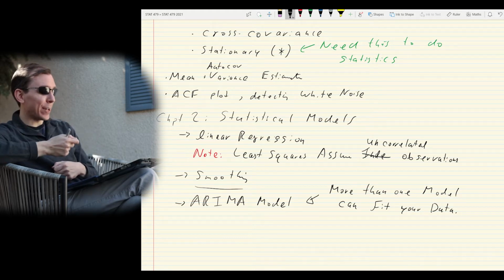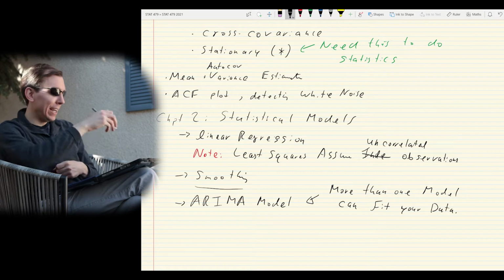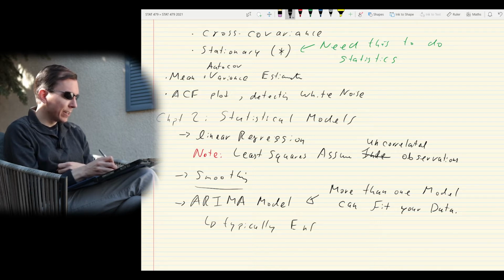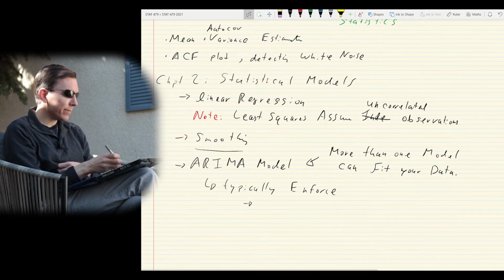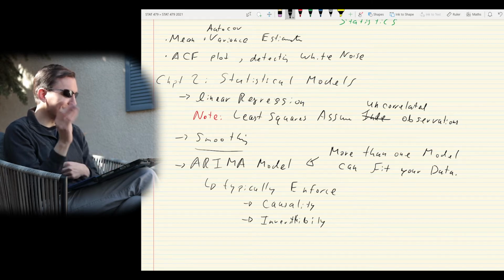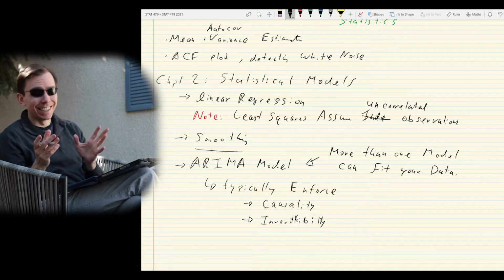So we have to be very careful when we're using these models, and that's why we typically enforce ideas like causality and invertibility. Invertibility, I kind of spelled that right. Close enough. You get the idea.